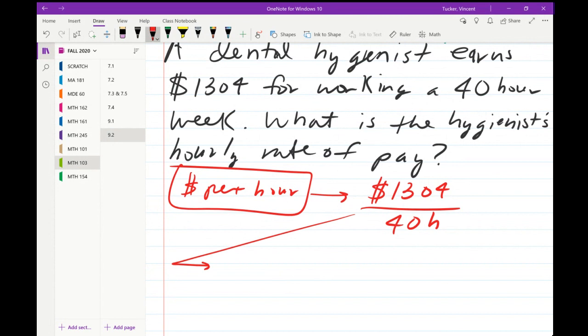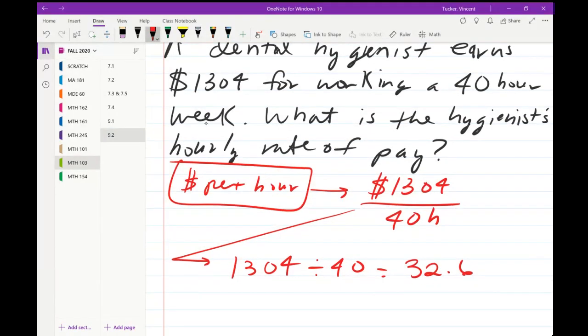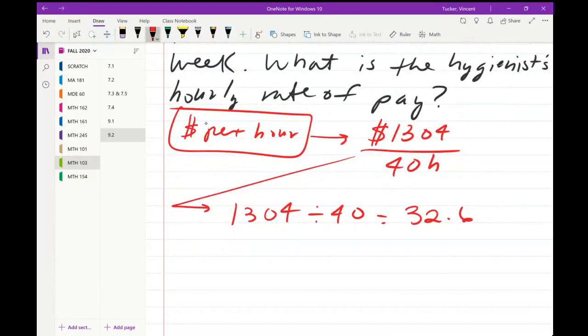So if you want to know per 1 hour, for every 1 hour, how much that person makes, take that 1,304, divide by 40, and you get 32.6, well, $32.60 for every 1 hour.